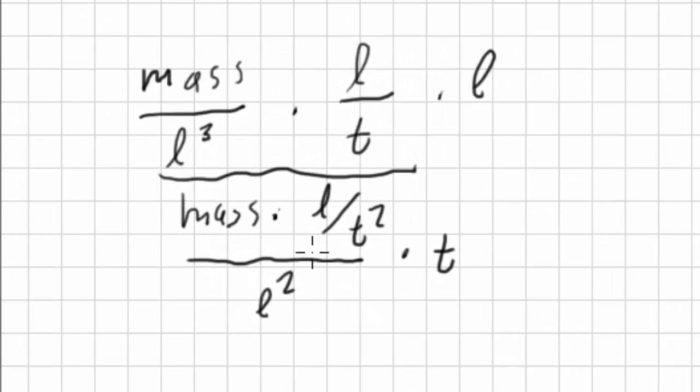Well, we're going to cancel this time that's on the bottom with this time that's on the bottom, and this time's on the bottom, and we're going to cancel it with that one. So the times actually cancel out. Here's the mass up here. Those cancel out. Well, this is length cubed on the bottom.